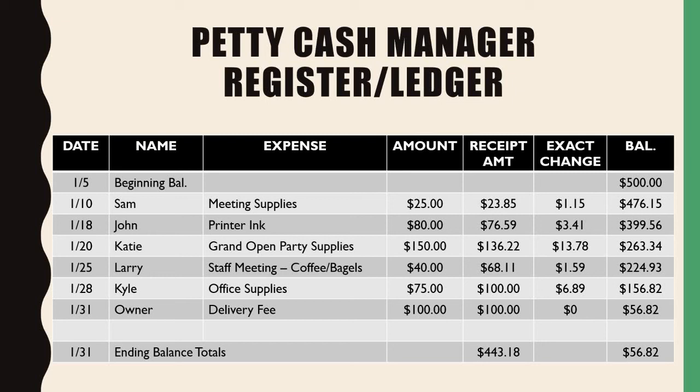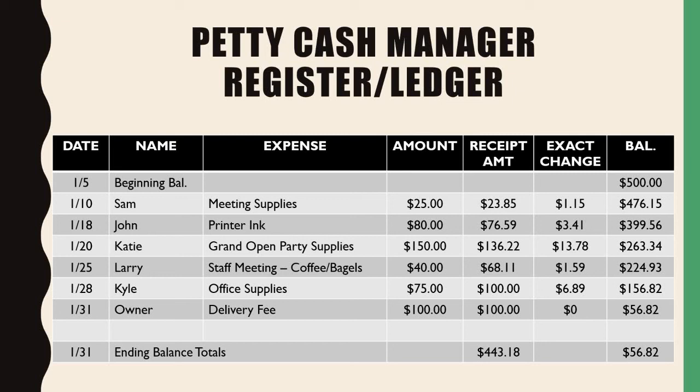So if someone comes up to you and says, I need to borrow some money from the petty cash drawer to purchase some things, that's where they write their name. For example, on January 10, Sam decided to borrow some money because we had a meeting and they need to buy some meeting supplies. That's what the expense is for. They took $25 from the petty cash drawer.